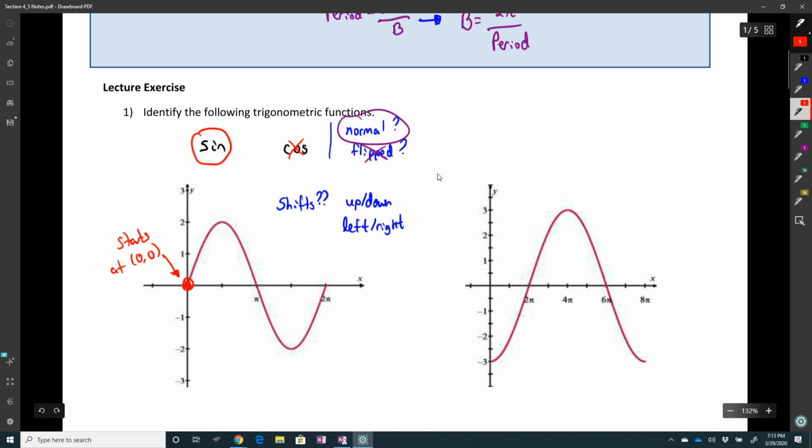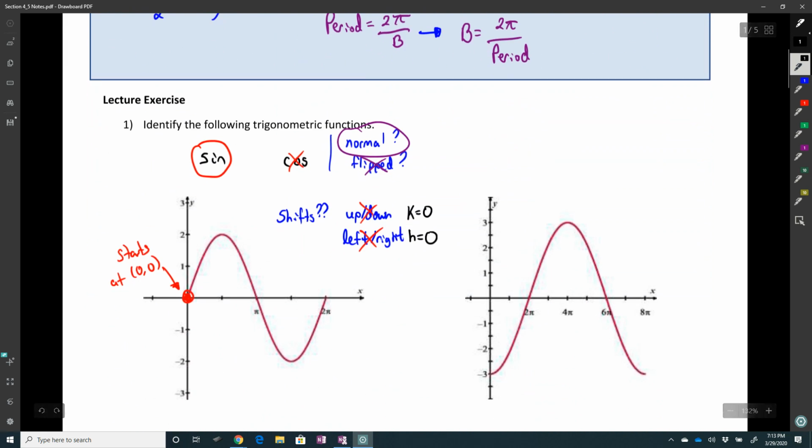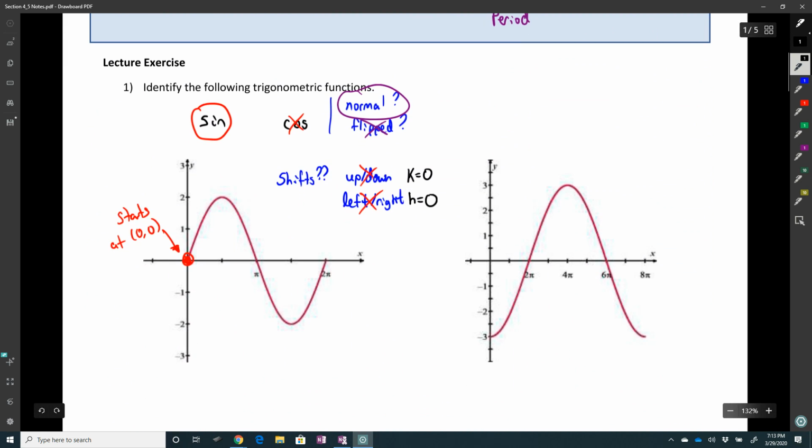There's no up, down, no left, right, so I don't have to worry about that. What this means is that k is 0 and h is 0, these variables up here. All right, and now we just have to figure out a and b.